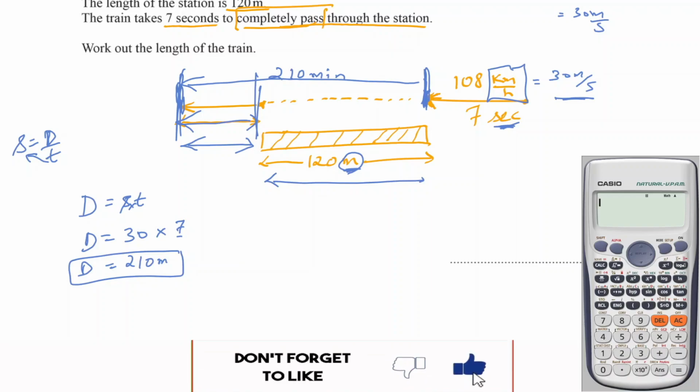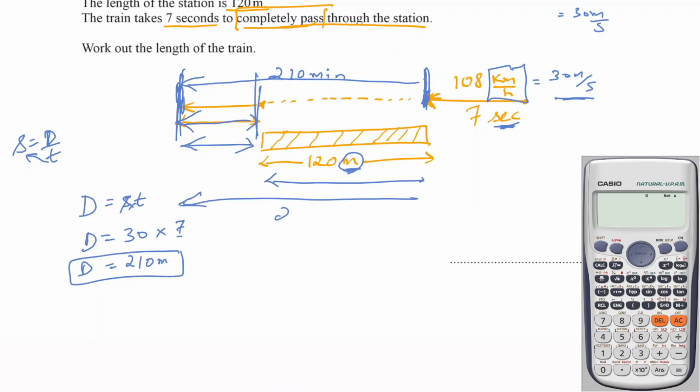Because the total distance is 210, and this distance is 120. So if I subtract 120 from 210, I'll get the distance of the train, that is 210 minus 120. So I am getting 90. So the length of the train is 90 meters. I hope you understand this question.